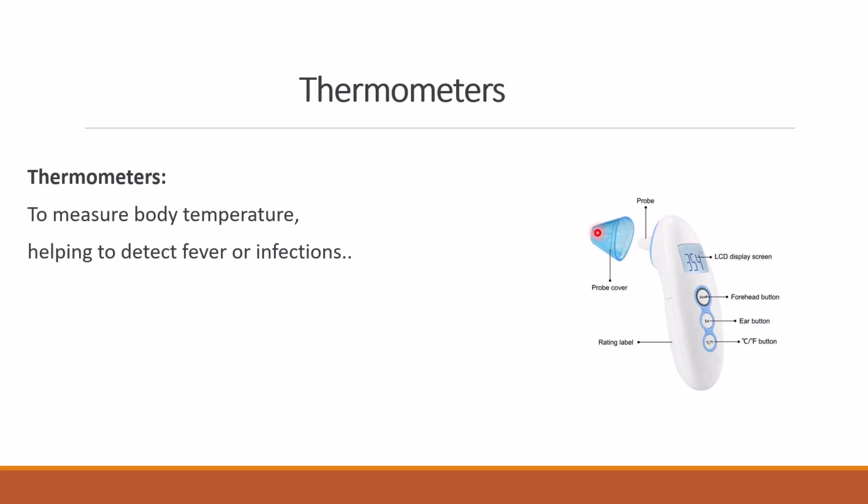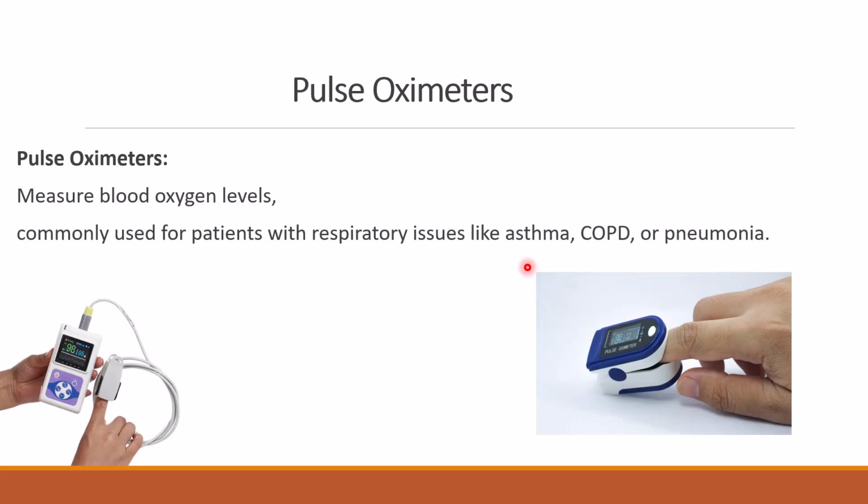We have a display screen here, we have the buttons, and we have the probe cover also. It's very important, as I said, to take the patient's temperature and record it in the patient's log.